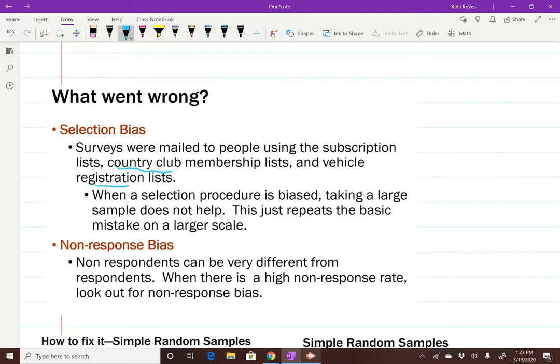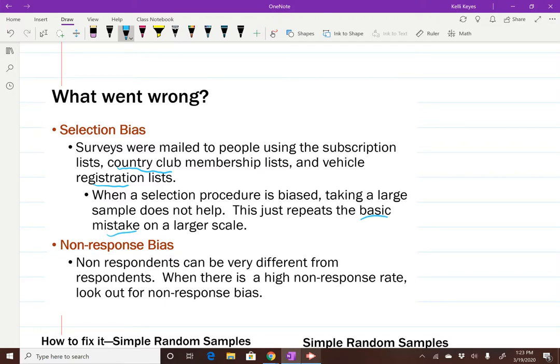So when a selection procedure is biased like this one was, just because they had such a large sample size, they had a huge sample size, 10 million, right? That just repeats that mistake even more.